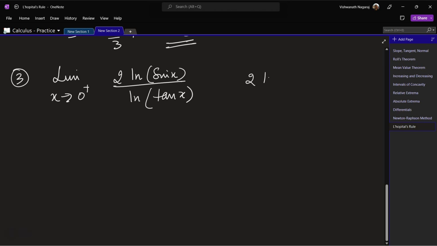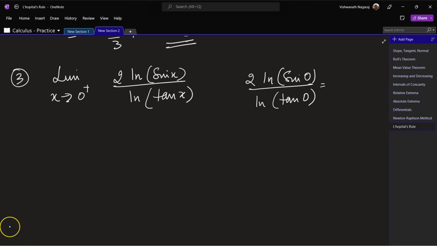So 2 natural log of sin 0 by natural log of tan 0. Sin 0 is 0, natural log of 0 is minus infinity, times 2 will be minus infinity. And here again, sin 0 by cos 0, cos 0 is 1, sin 0 is 0, so natural log of 0 is minus infinity, which gives us infinity by infinity.